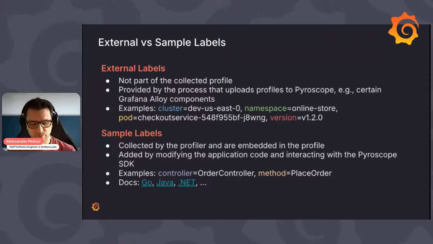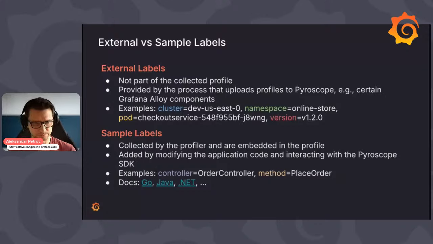They're not part of the profiles that are being collected, but they're uploaded together with the profiles to Pyroscope, typically with the Grafana Alloy components. Like in Kubernetes, we have the discovery components that can collect Kubernetes labels and similar. These labels don't change; they're static while the application is running.